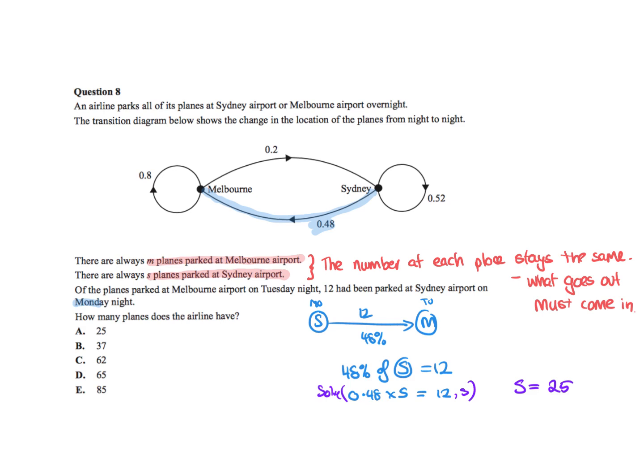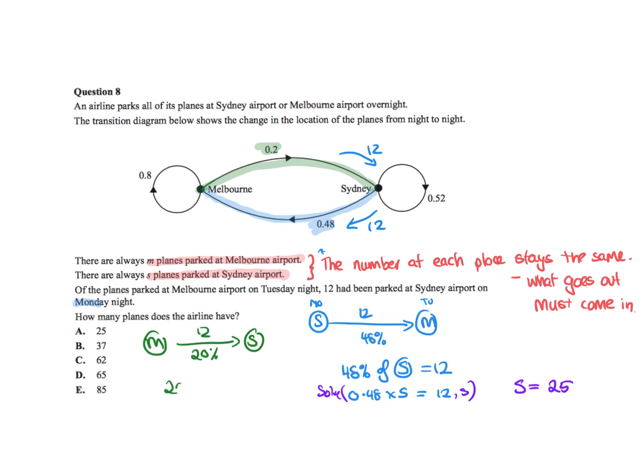But they want to know how many planes the whole airline has. So we need to know what Melbourne has. But remember, if we said 12 are going out, that means 12 have to come in. So say that's Sydney, because of this fact here. If 12 go out, 12 must go in. So if I go from Melbourne to Sydney, it's going to be 20% or 0.2, and that's also 12.